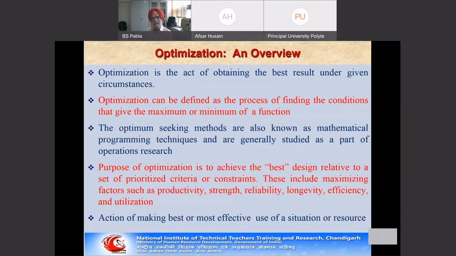Optimization can be defined as the process of finding the conditions that give the maximum or minimum of a function. Basically, we all have studied in mathematics maxima and minima, problems on maximization and minimization of a function. So optimization is based on the maximum or minimum of a function we want to achieve.